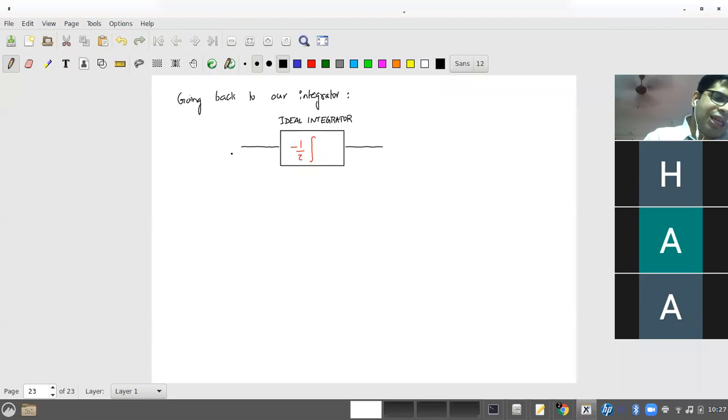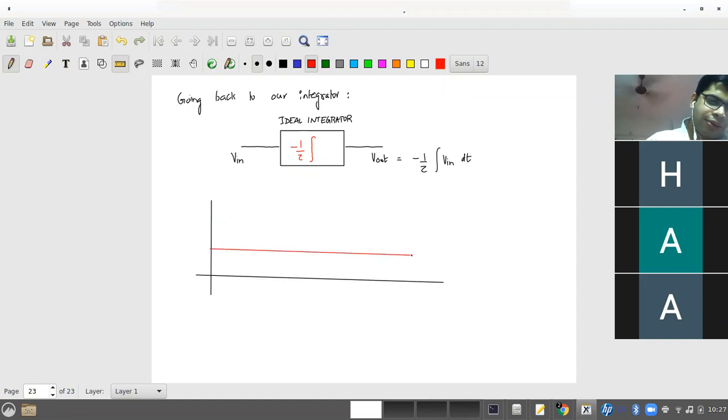All right. Now, suppose I give V in here. What do you expect as V out? -1 by tau integral V in dt. Okay. So now suppose my V in were a constant. Suppose my V in was this. This is V in. And let me say that this quantity is some B, that's the amplitude.